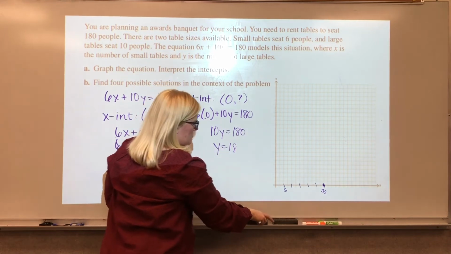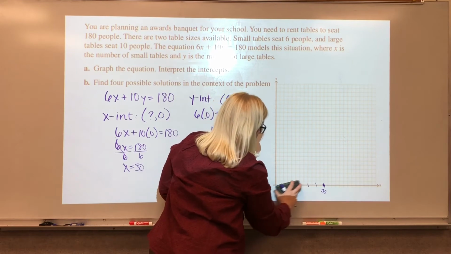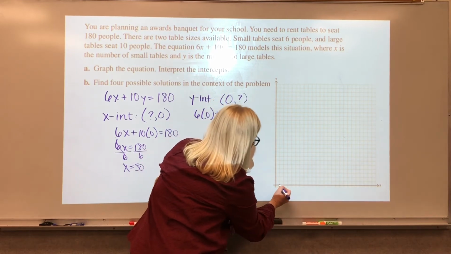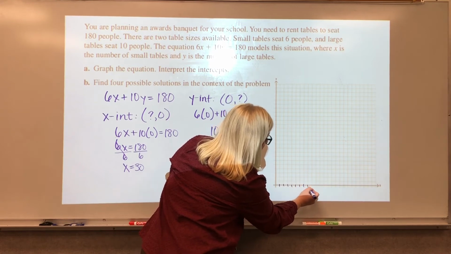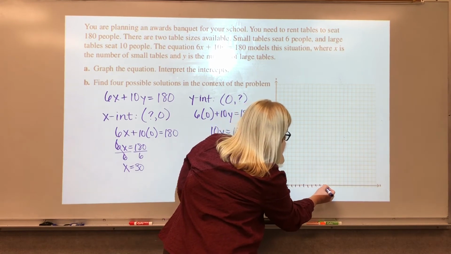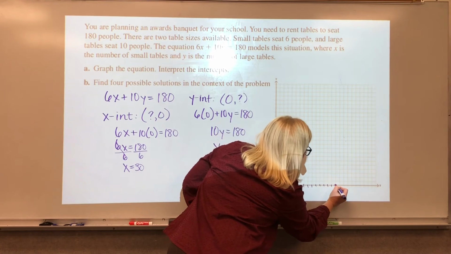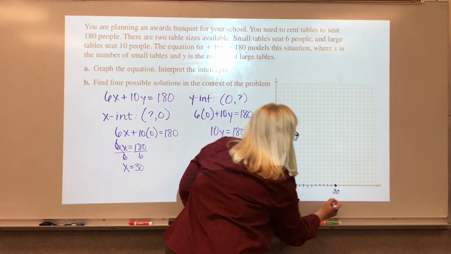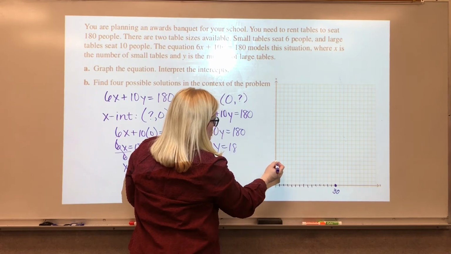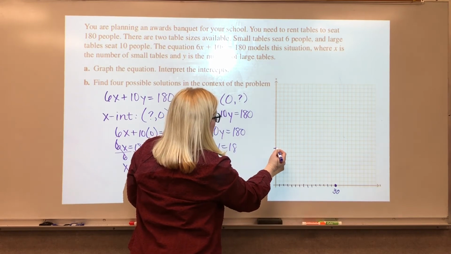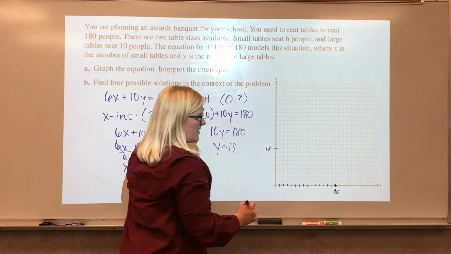That actually makes me want to switch this. I'm going to make this into 2s. So this is 2, 4, 6, 8, 10, 12, 14, 16, 18, 20, 22, 24, 26, 28. So now 30 is right here. And this way we have 2, 4, 6, 8, 10, 12, 14, 16. Here's 18. That's my y-intercept.